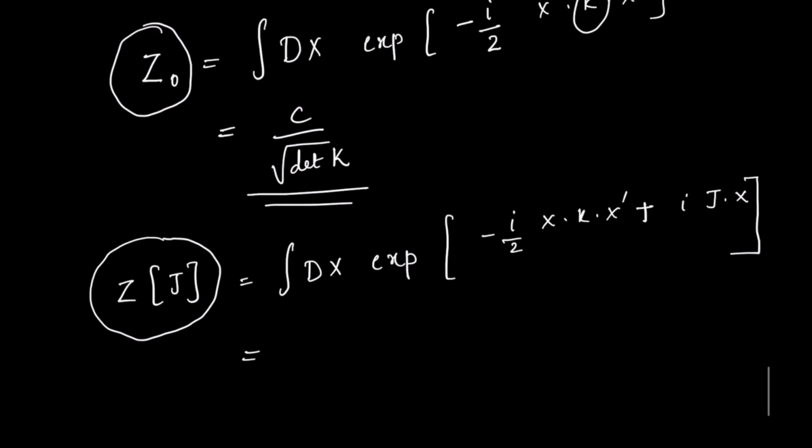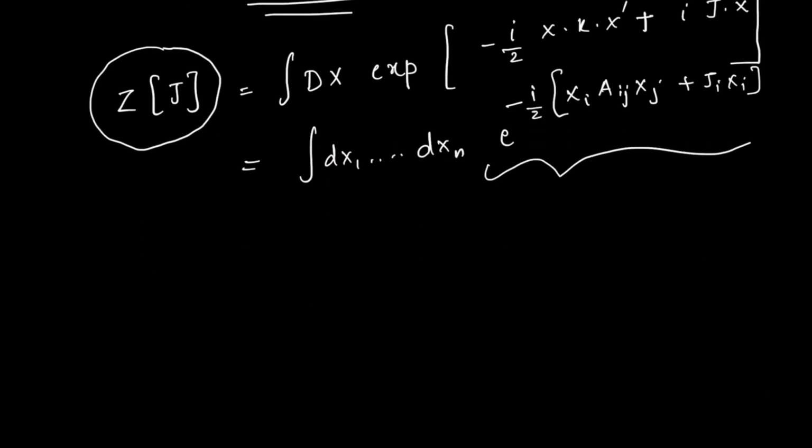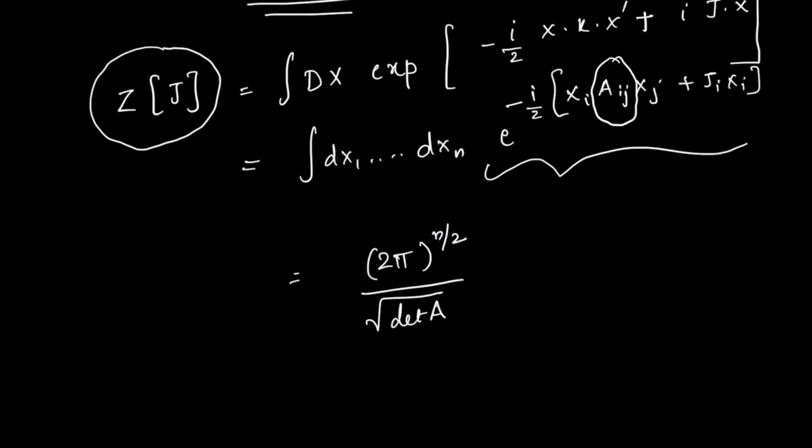So this is integral dx1 up to dxn e raised to minus i by 2 xi aij xj plus, if I take i outside, then ji xi. The standard integral to solve this kind of integration will be 2 pi to the n by 2 by root of determinant a. A means here aij, which is nothing but k, but in the general expression I am just writing aij.